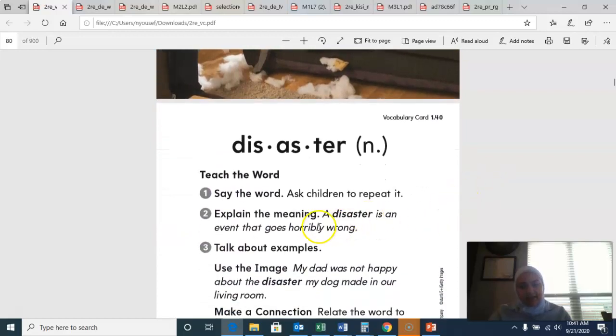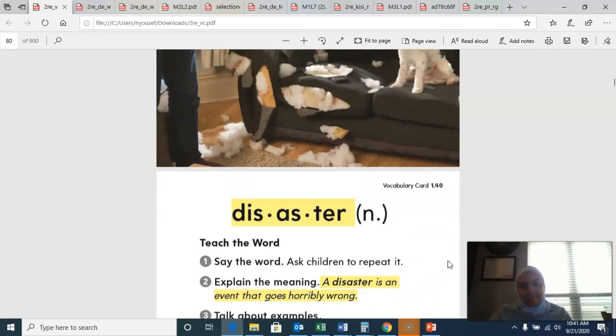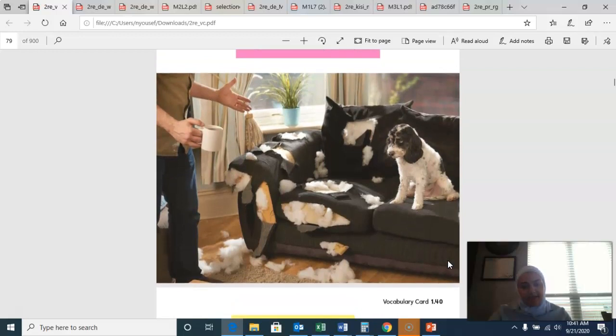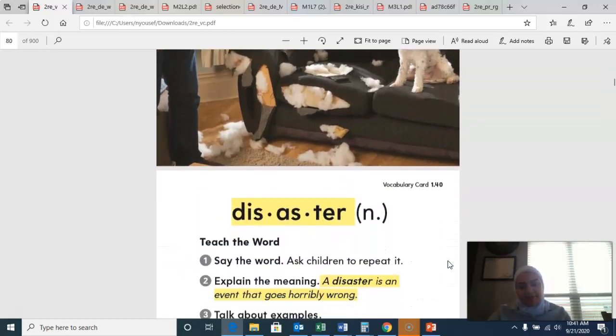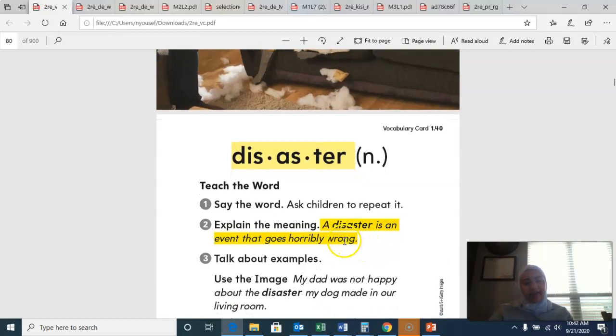A disaster is an event that goes horribly wrong. So if something goes really, really wrong, then that's a disaster. It's a noun. So my dad was not happy about the disaster my dog made in our living room. He was not happy about the disaster the dog made. So a disaster is an event that goes horribly wrong. If you need to pause the video, you can pause it now.